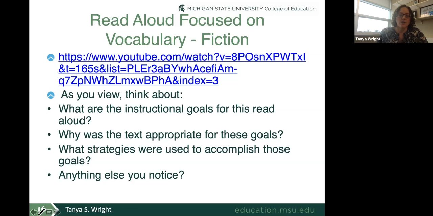So she was supporting their comprehension of the text by making sure that they understood the meanings of challenging words as she was reading aloud the text. Okay, so there was a comprehension goal during the read, and then afterwards she wanted to go back to some words, a smaller set of words, to make sure kids really deepened their knowledge of that set of words.